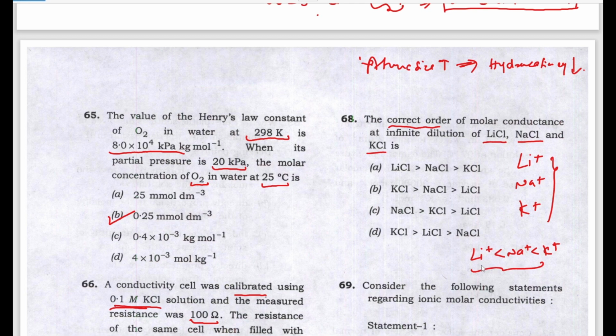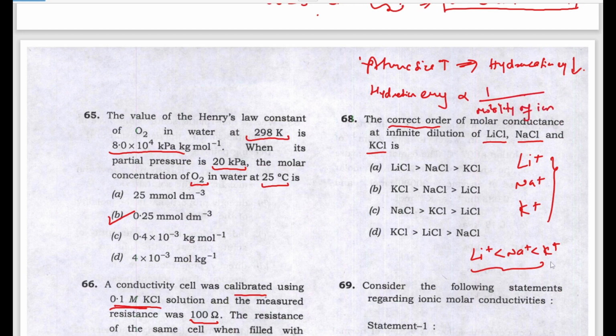In the case of these three ions, lithium has small size and it is involved in hydration easily, and in this case hydration energy will be maximum. If hydration is maximum, mobility will decrease. Hydration energy is inversely proportional to mobility of the ion.